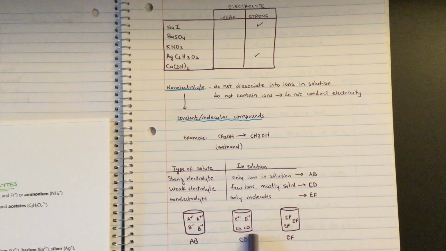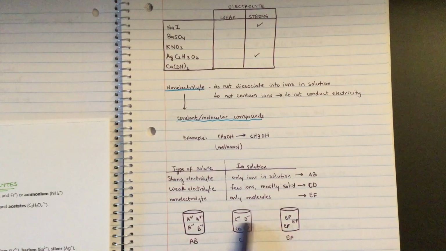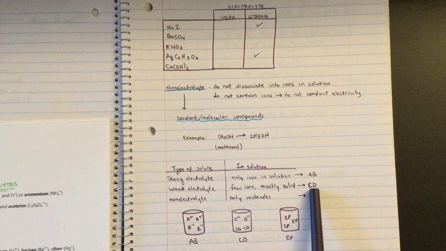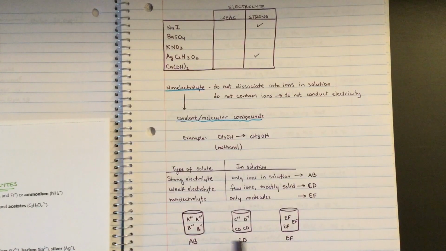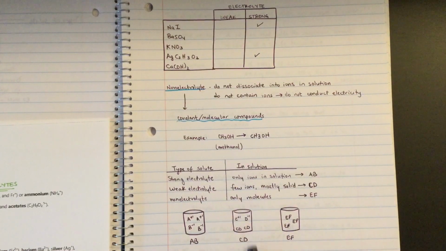Here I have two things: my ions and then CD, my actual compound with no dissociation. That should be a representation for a weak electrolyte, where you have both a few ions and also your compound without dissociation.